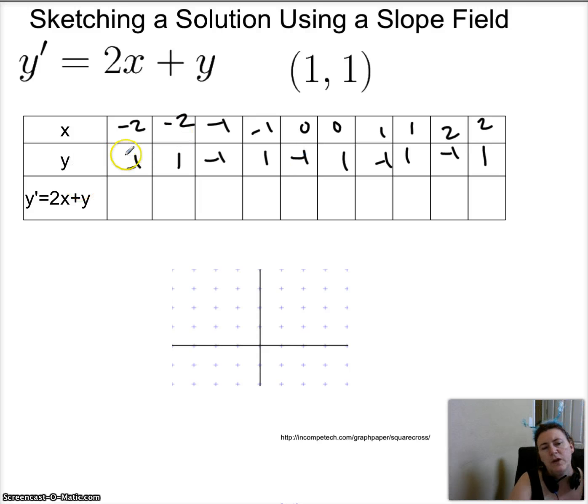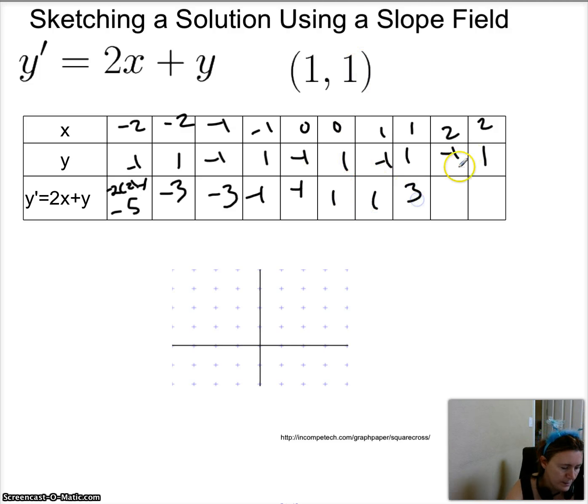So what is the slope at each of these points? Well, this is -2 times 2, so it's 2x minus 1, so this is -5. And this is -3, -3, -1, -1. Here we get a positive 1, 1, and then 3, 3, and then a positive 5.